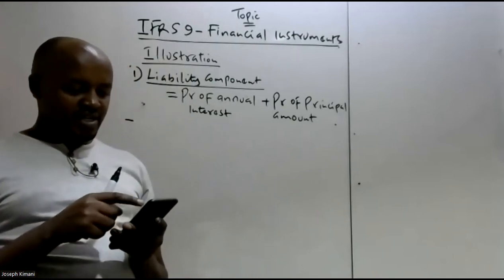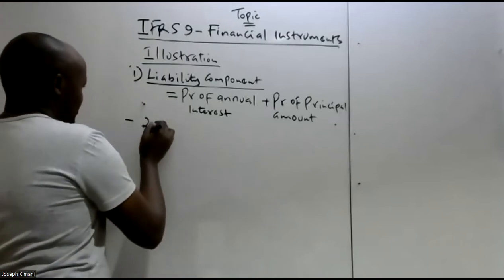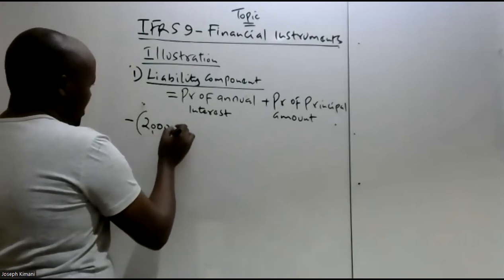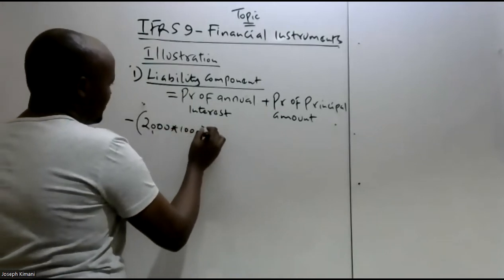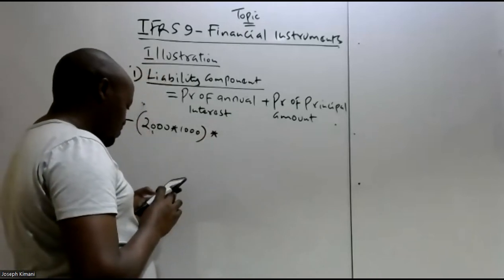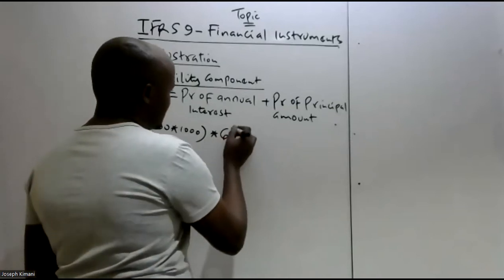Essentially, the total value of those bonds issued by this company is 2,000 times 1,000. And we are told that the interest to be paid by this company is at the rate of 6% per annum.